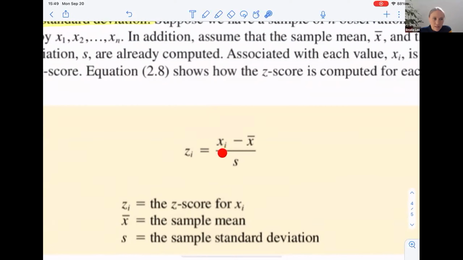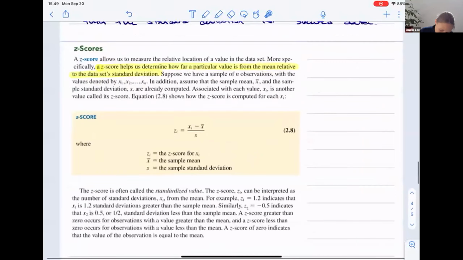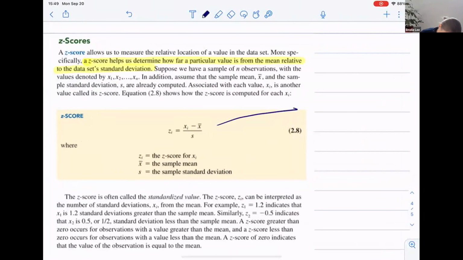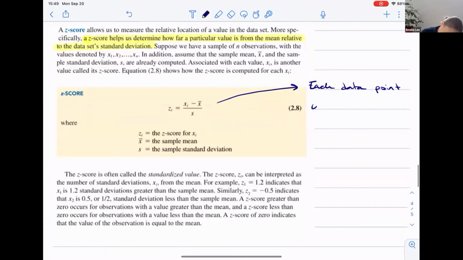You take each data point, subtract the mean, and then divide by S. How far is that observation from the mean when I take into account the spread?